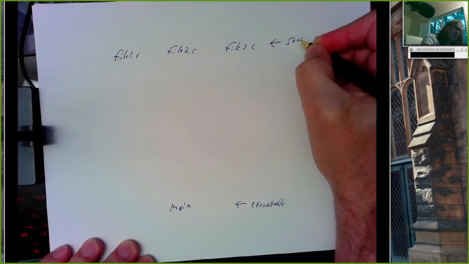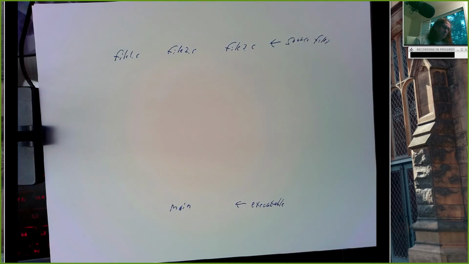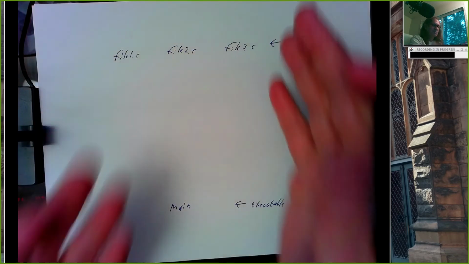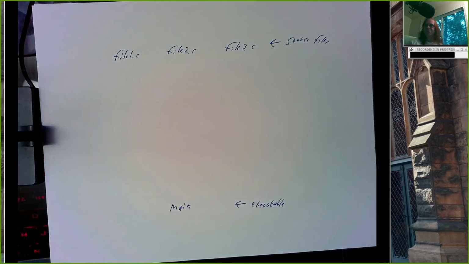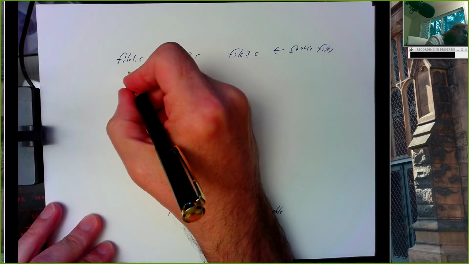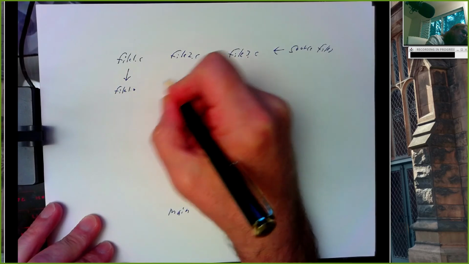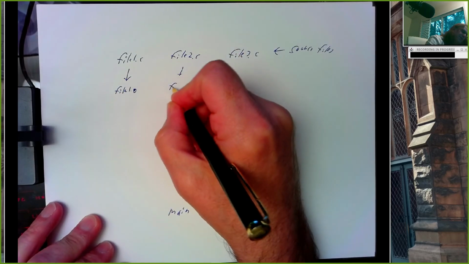These are source files. If I just say gcc all of the .c files, these just turn into my main program, but each of these is being recompiled. So what I can do is compile these files individually into what are called object files, .o files.